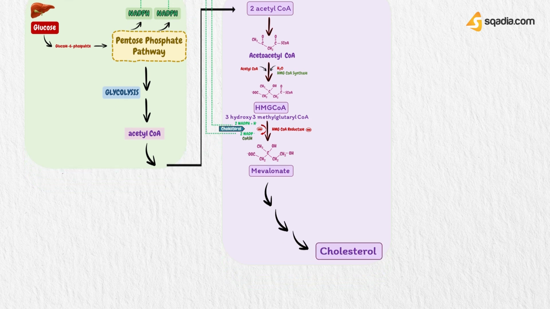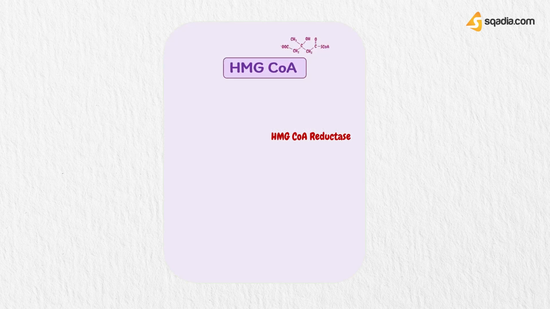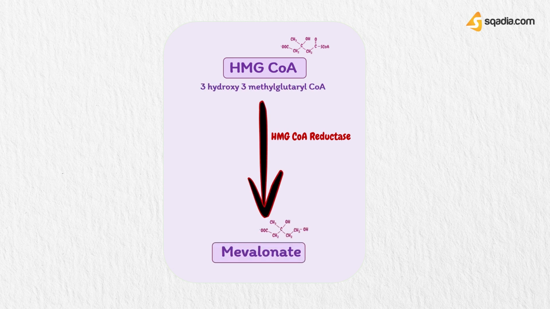Now let's move ahead and learn about the HMG-CoA Reductase and how it regulates cholesterol biosynthesis. HMG-CoA Reductase is the major control point for cholesterol biosynthesis and is subject to different kinds of metabolic control. HMG-CoA is used for a couple of pathways. If it is in the cytosol, then it is acted upon by the enzyme HMG-CoA Reductase to produce mevalonic acid.